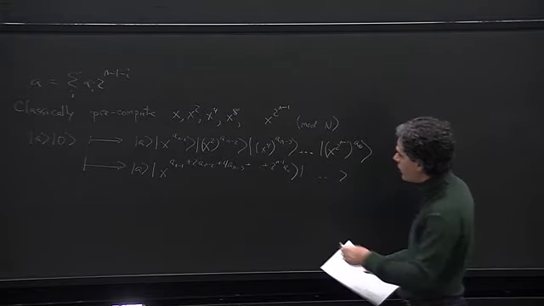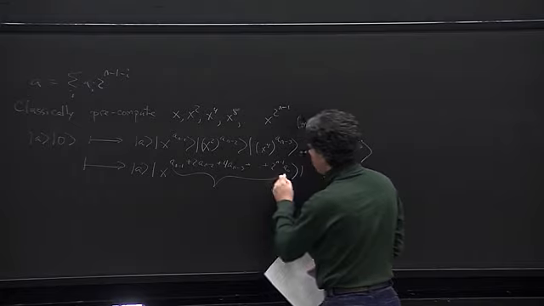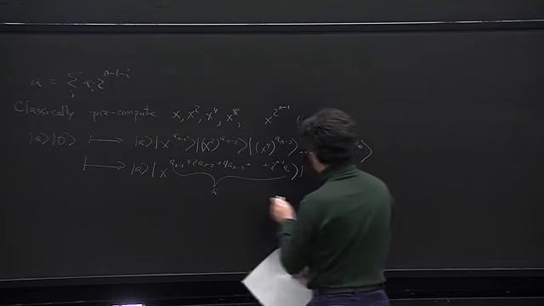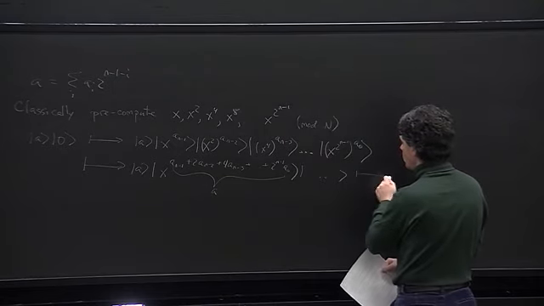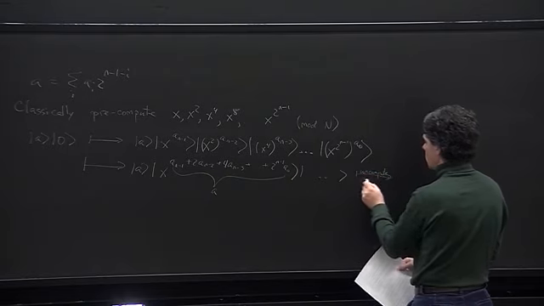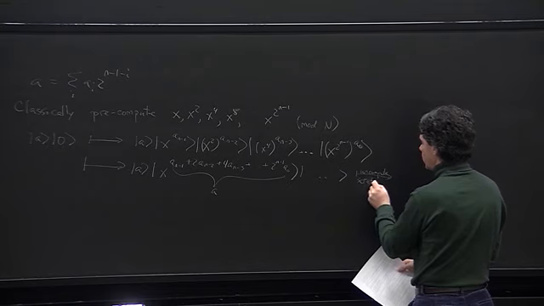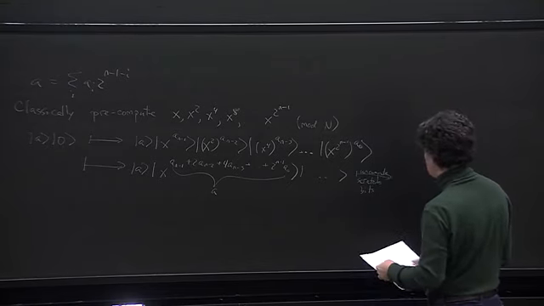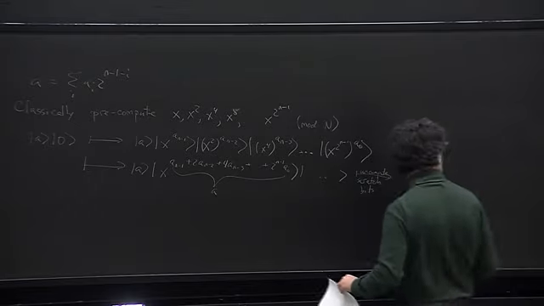And this thing here, of course, is just a, right? So then when we uncompute the scratch bits, maybe I should put that on a new line.